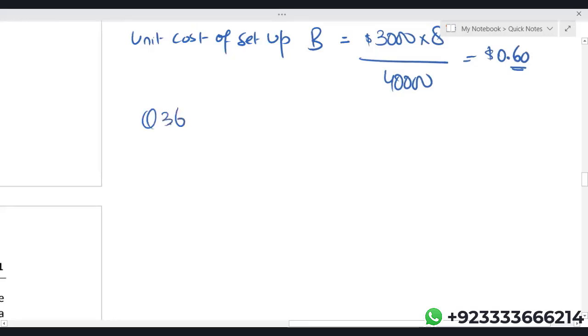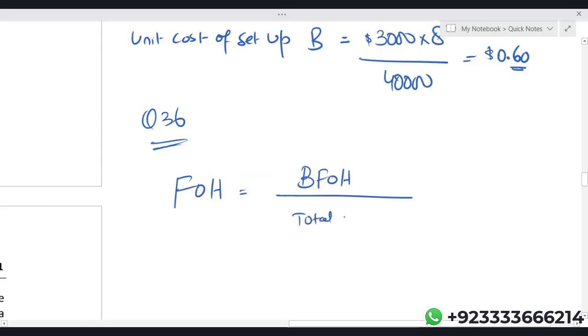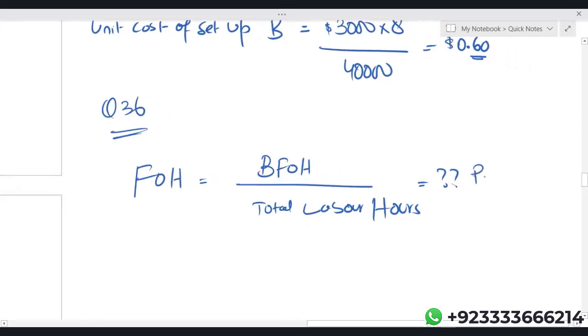Question 36. We have to first calculate FOH rate. So basically, budgeted fixed overhead divided by total labor hours. This will give us whatever result comes, it will be per labor hour. You will get the rate per labor hour. Okay. Then what should be done?